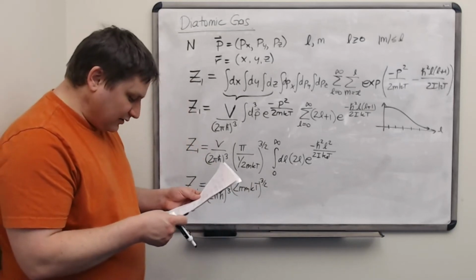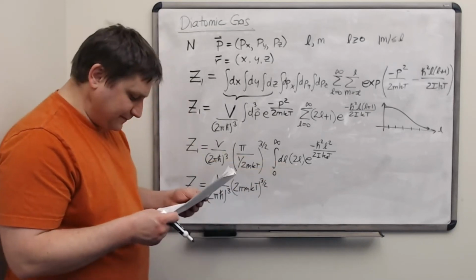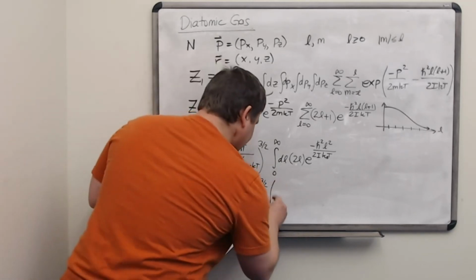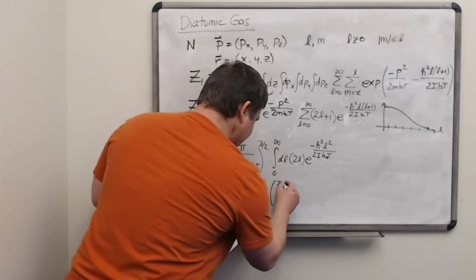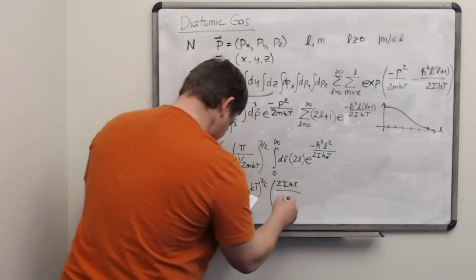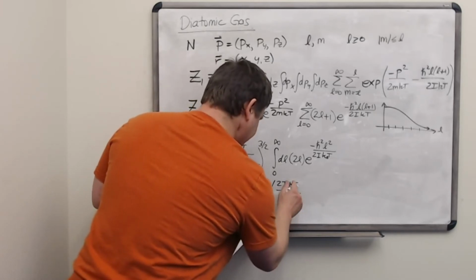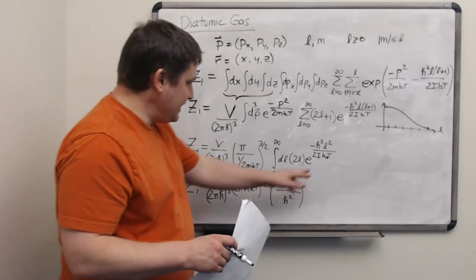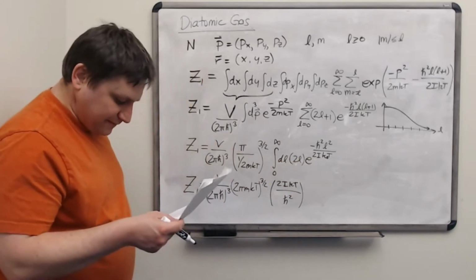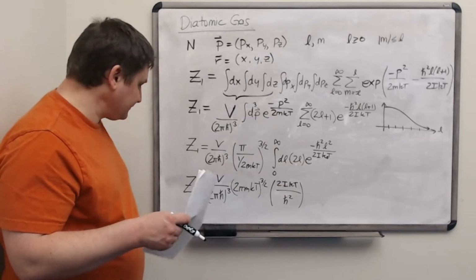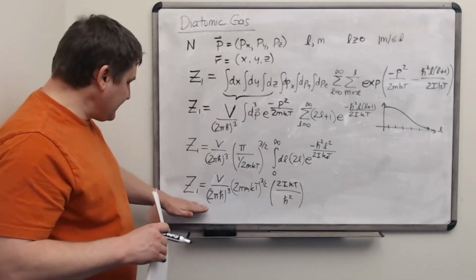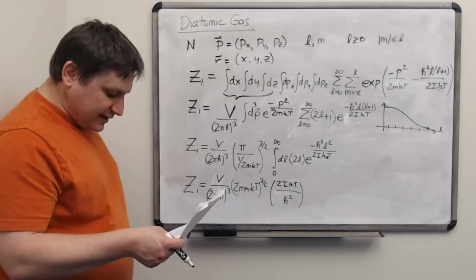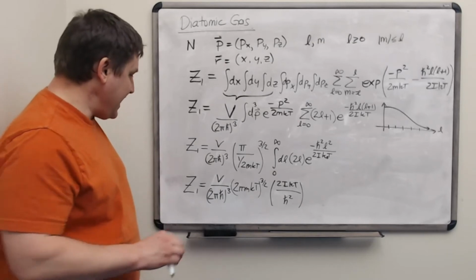And then this integral over the L values here turns out to be 2I kT over h bar squared. Right, just basically this equals the inverse of the coefficient in the exponent. Okay, so there's our partition function for just one molecule in the ideal diatomic gas.